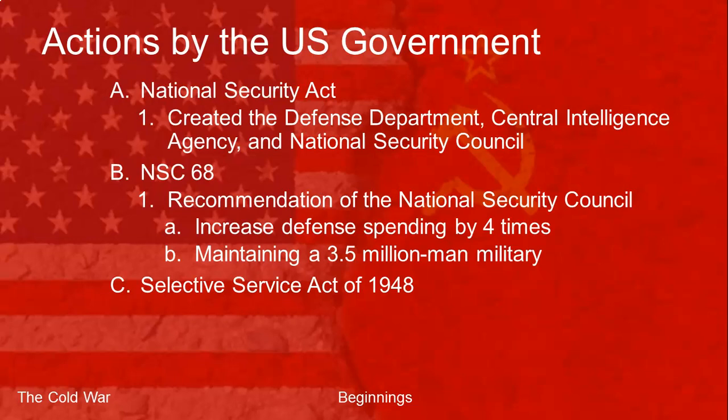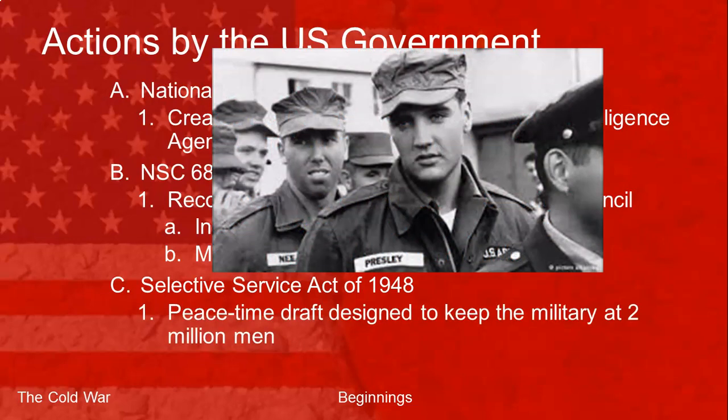If you remember from previous lectures, the Selective Service, that is the draft. The draft that was created in 1948 establishes a peacetime draft, a peacetime draft that would last through the early decades of the Cold War, through the 1960s and 70s. The whole purpose of it was to keep the military at 2 million men.